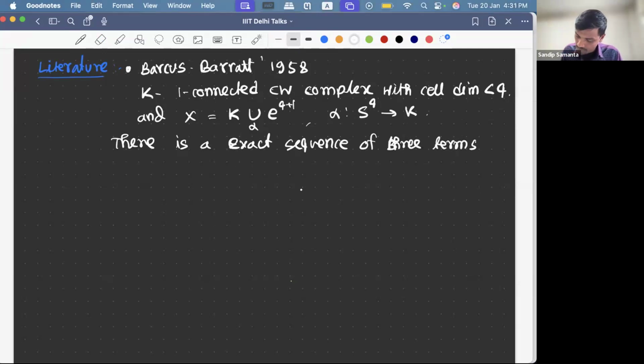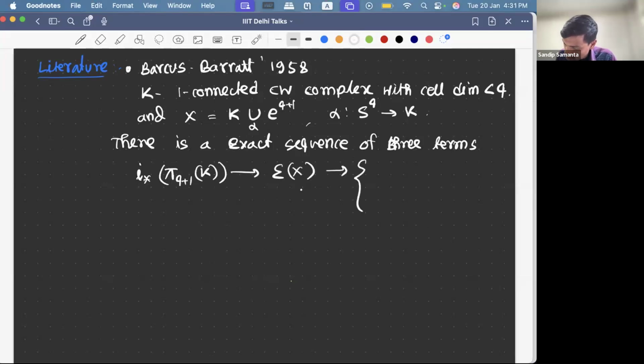First, I star, pi_{Q+1} of K, to epsilon X, to epsilon K if 2 alpha equals 0, and epsilon K plus pi_{Q+1} if, sorry, this is non-zero if 2 alpha equals 0.